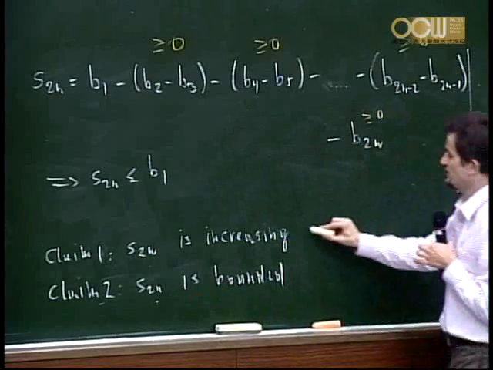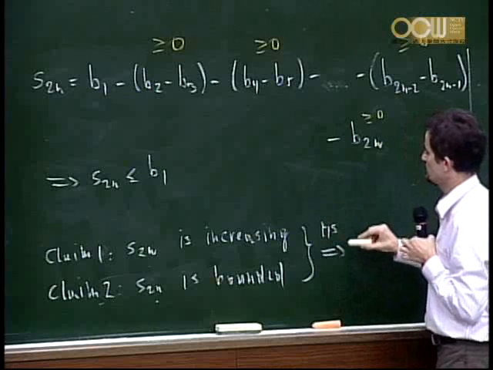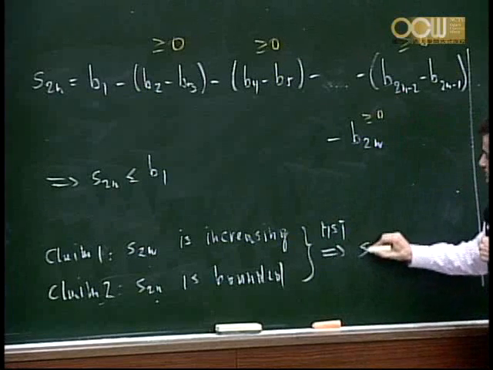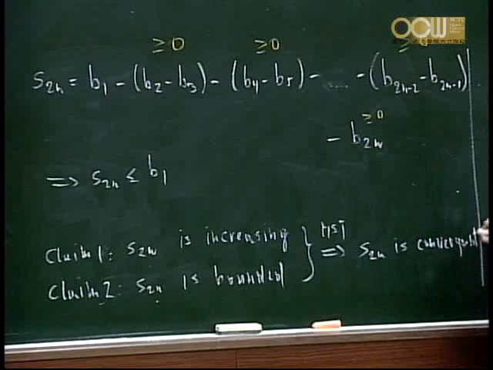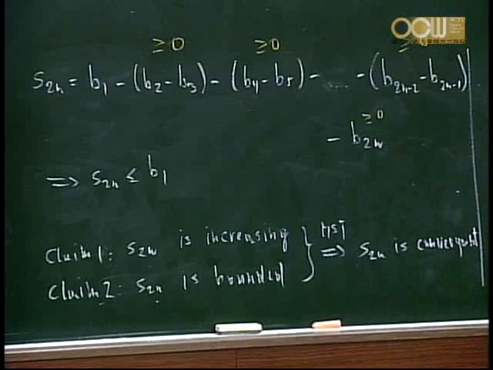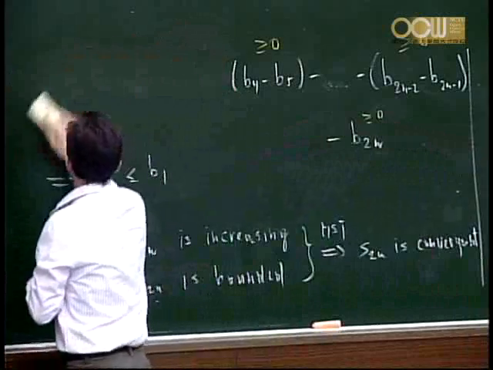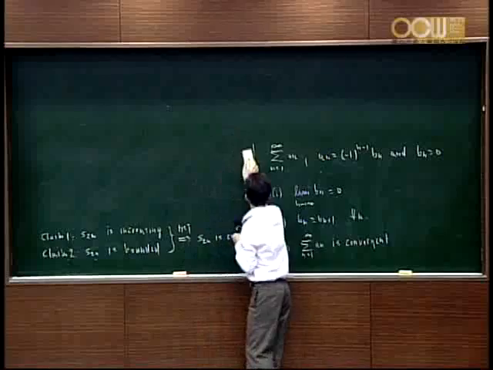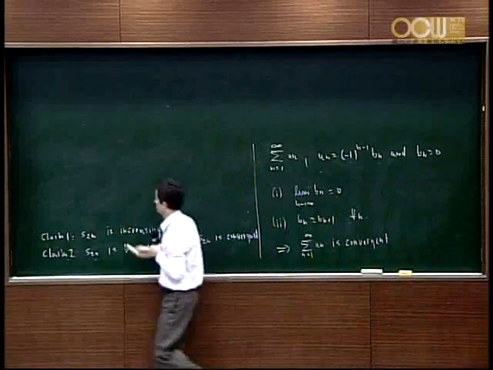Now, from those two properties, using the monotonic sequence theorem, you get that S2n is convergent. And now the rest is easy.